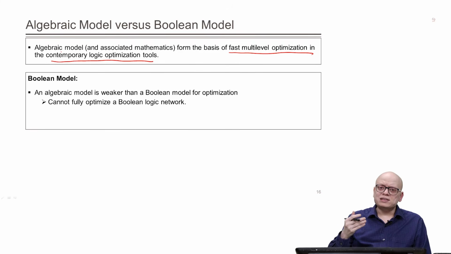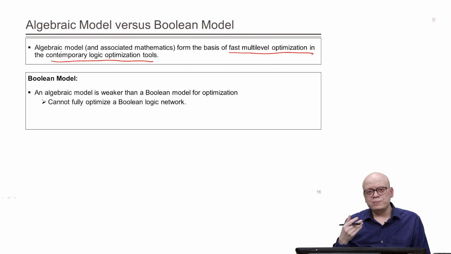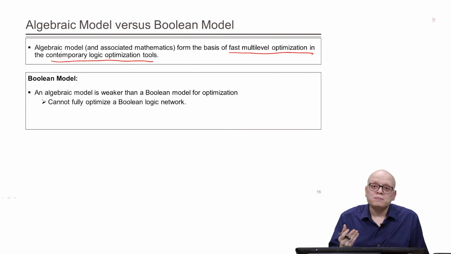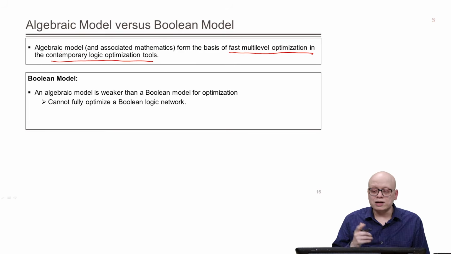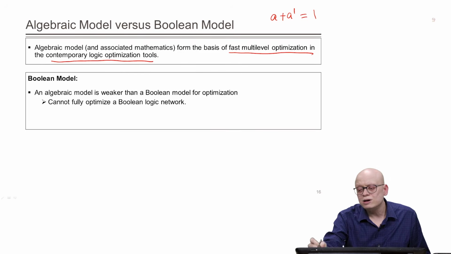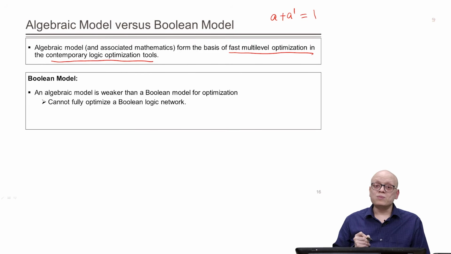Now, when we use the algebraic model instead of the Boolean model, are we losing some optimization possibility? The answer is yes. For example, if there is an expression a + a bar, in a Boolean model we can simply write it as 1, while in the algebraic model we cannot do that kind of simplification.